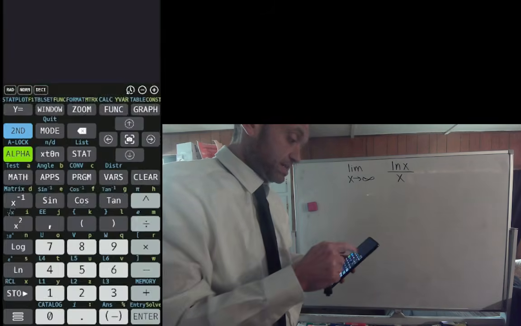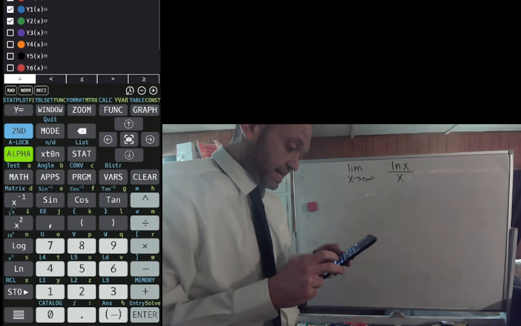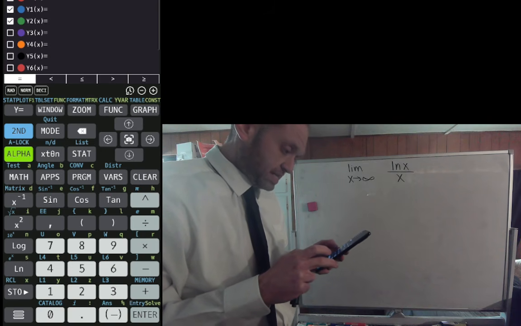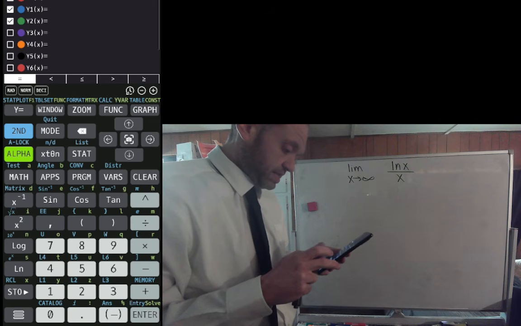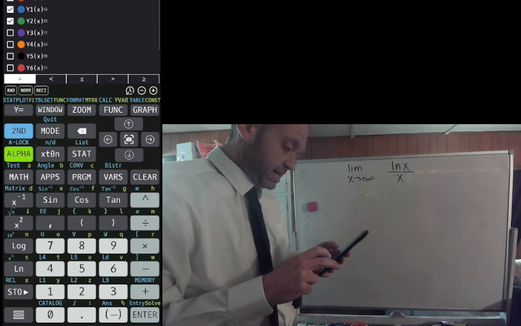Now, I can definitely explain this algebraically in a second, but it might help for you to graphically see this. Let's say I take the natural log of x divided by x.